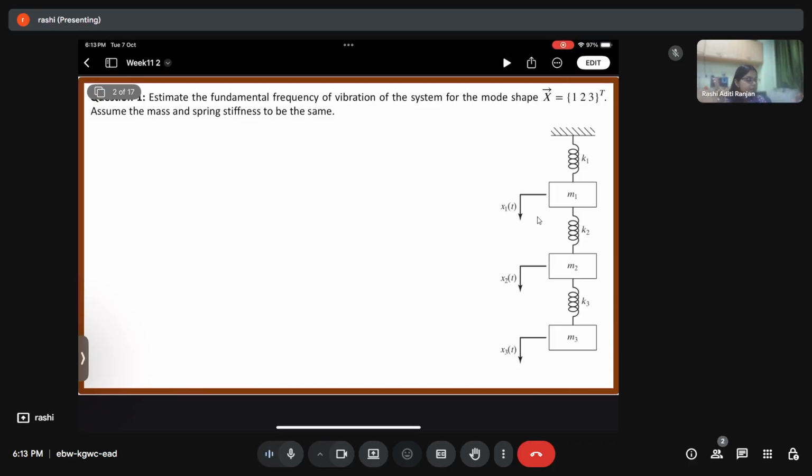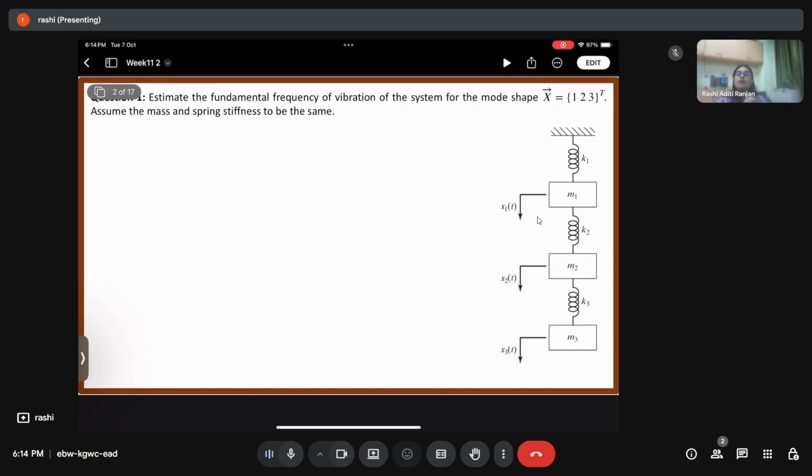Now, for a continuous system, for example, if I divide our system into three parts of mass m1, m2, m3 and stiffness k1, k2 and k3, we have to estimate the fundamental frequency. When we talk about fundamental frequency, we are talking about a continuous system, because a continuous system can have multiple resonant frequencies, and the fundamental frequency is the first natural frequency of the system.